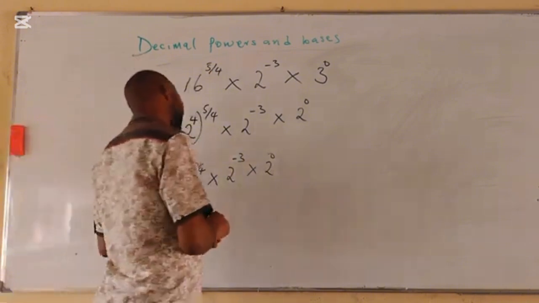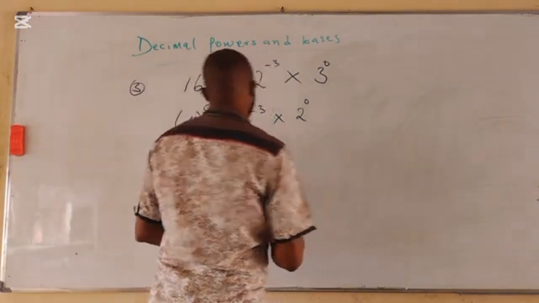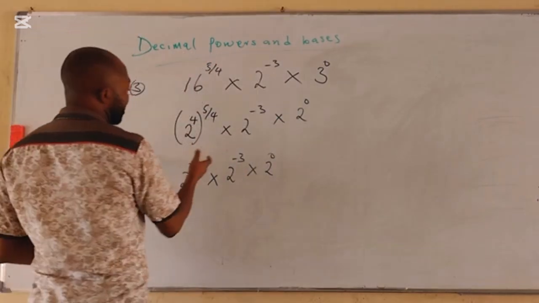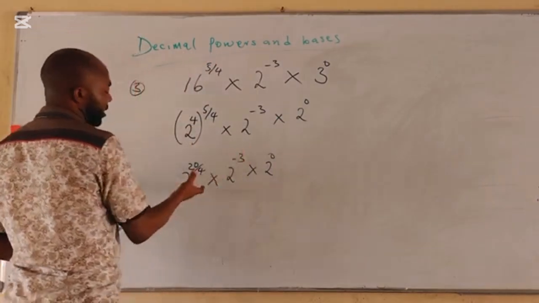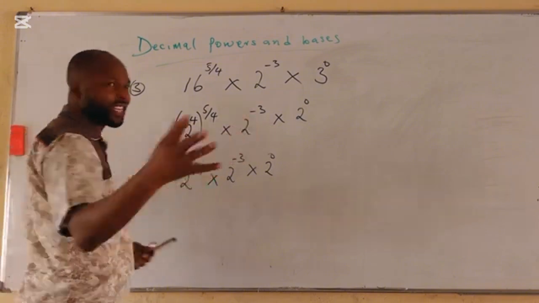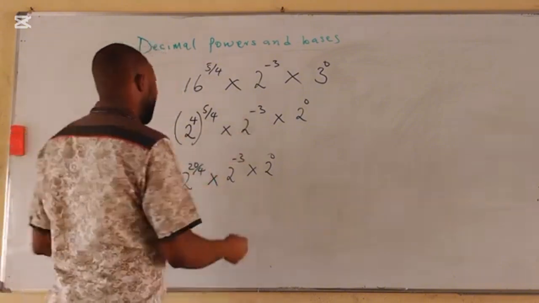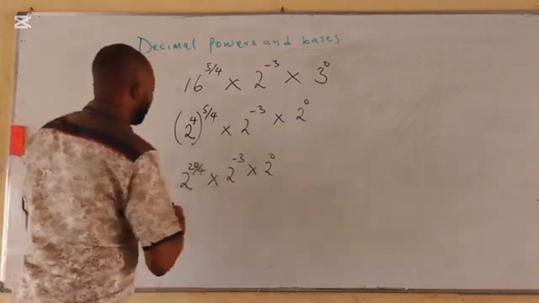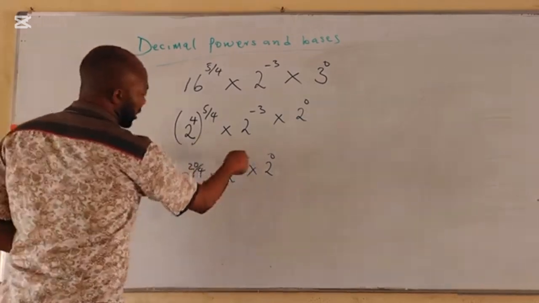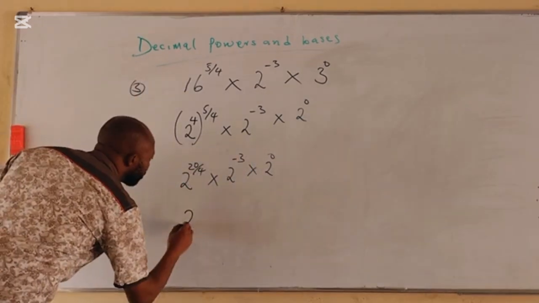Without complications, I can add these, but because of the negative sign here, I don't want to bring in fractions, it may take my time. Let me apply the rules, the negative index.